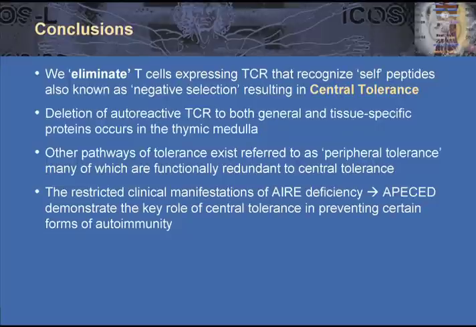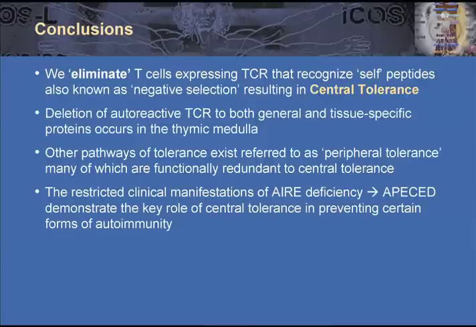However, central tolerance occurs when we eliminate T cells in the thymic medulla, where T cells expressing T cell receptors that recognize self-peptides too well are eliminated. This deletion of autoreactive T cell receptors to both general and specific proteins occurs in the medulla, but through two different cellular pathways. One is the dendritic cell, and one is the medullary epithelial cell, which expresses AIRE.